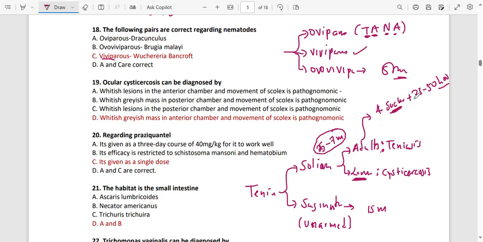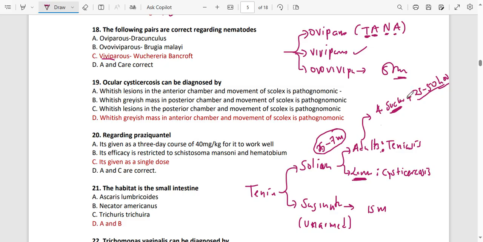Trematodes: the only important trematode is Schistosoma, which causes schistosomiasis, bilharzia. So it has 25 to 50 hooklets. Please take note of that. That's important. And then 40,000 eggs.